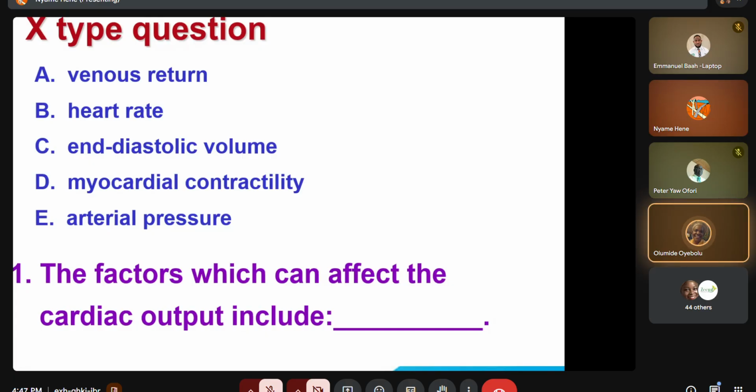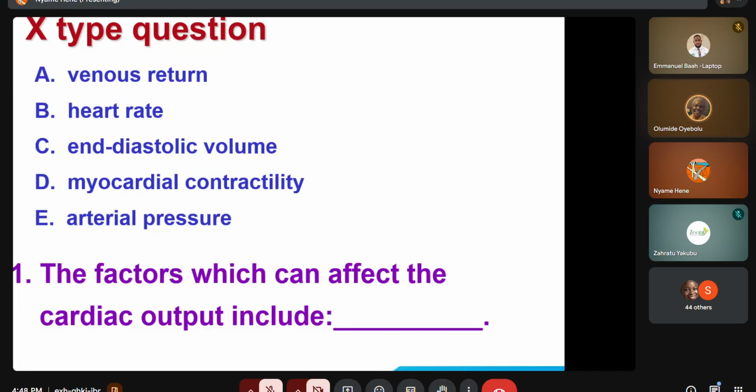B and D. Are you sure? Yes, heart rate and myocardial contractility. They are those that will affect cardiac output.